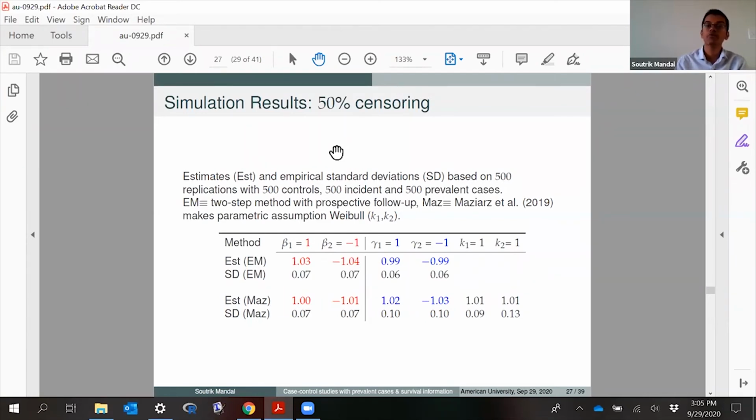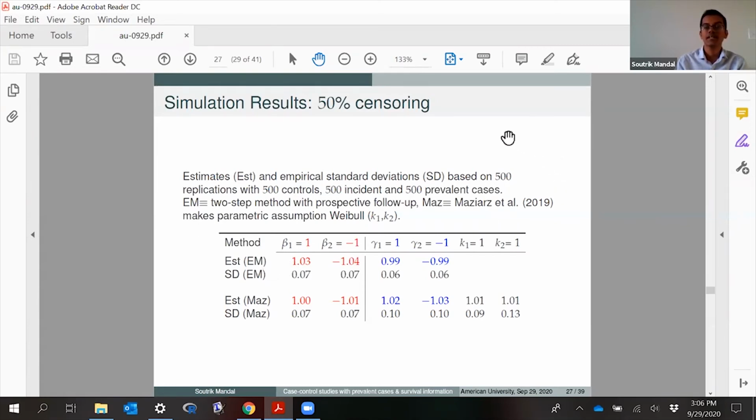So without making a parametric assumption, it is difficult to estimate the survival distribution, right? So we start to see a little bit of bias creeping into our estimates.